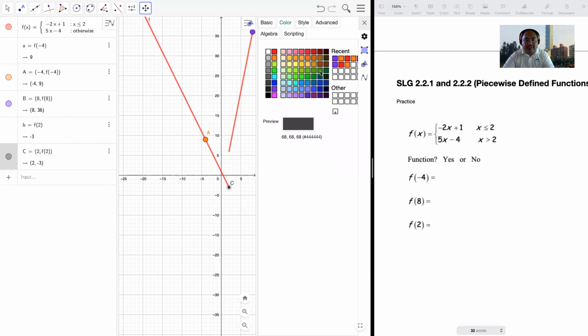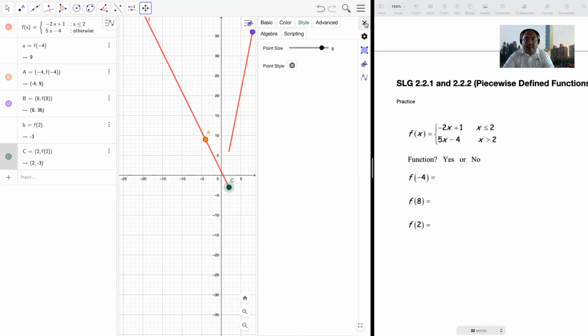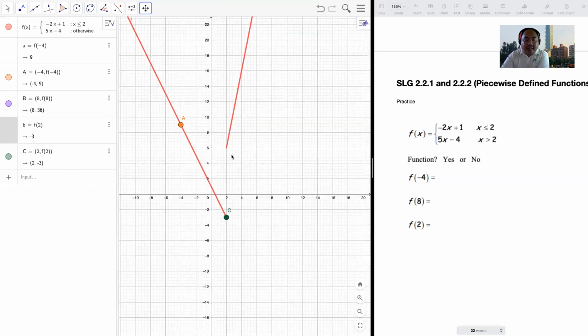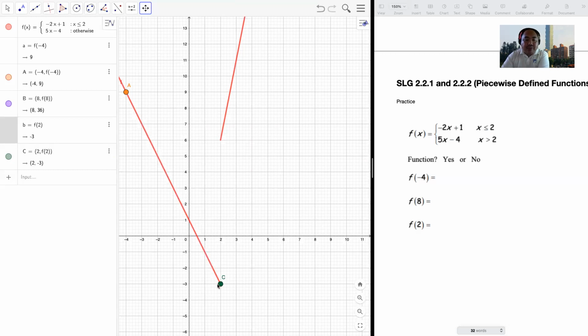Let's use green for contrast. And now, again, this is the limitation of GeoGebra. It cannot show you hollow points. You should be able to tell by this time that here at 2, this is filled out, but this is hollow.